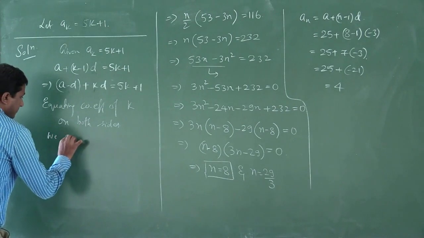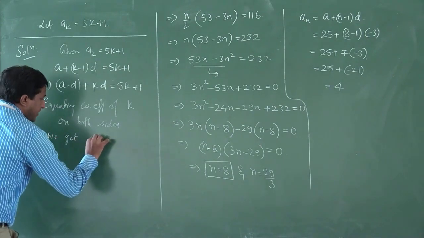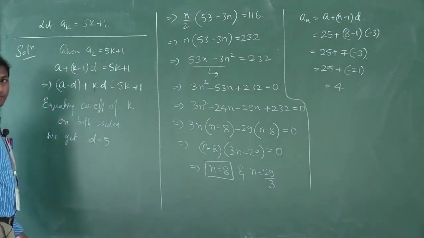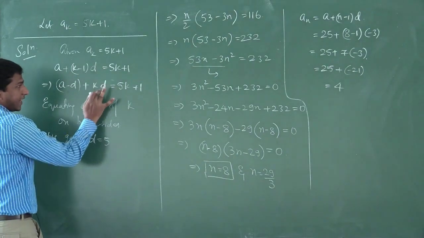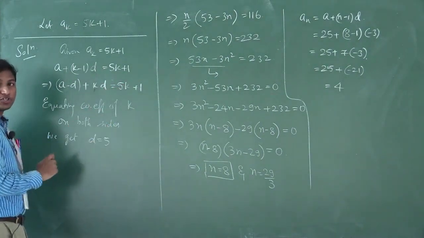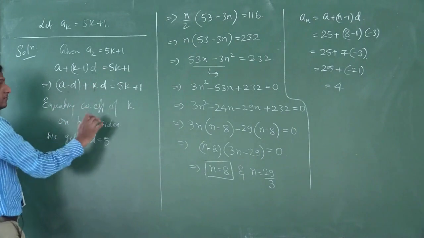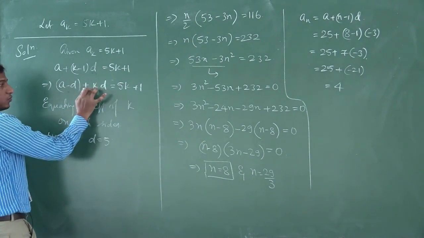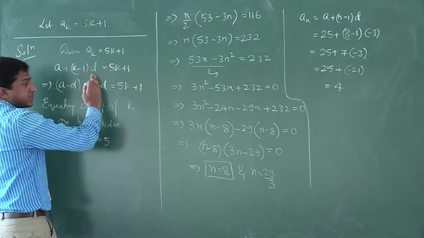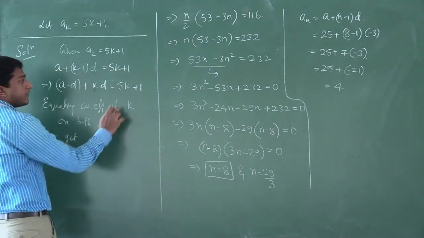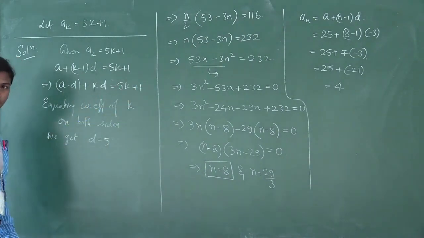We get the value of d to be 5. I have d with k on the LHS and a 5 with k on the RHS.